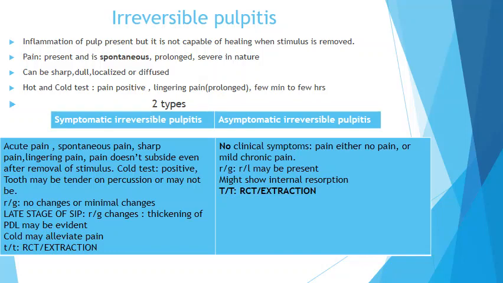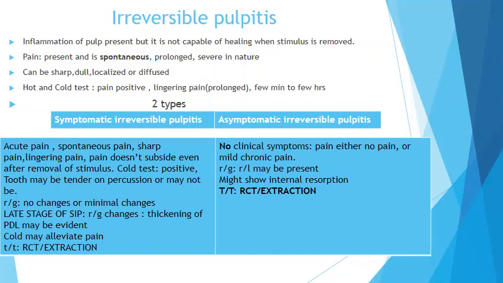The symptoms will be acute pain, spontaneous pain. Pain will be sharp, pain will be lingering. Even if you remove the stimuli, pain does not subside. These are the symptoms. Now, when you do the cold test for symptomatic irreversible pulpitis, it will be positive.